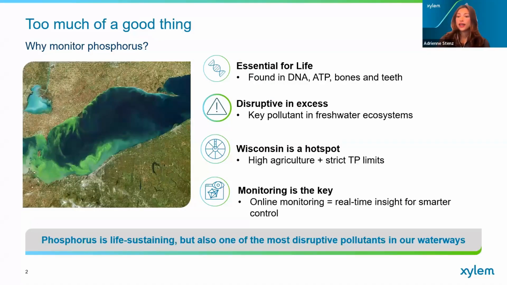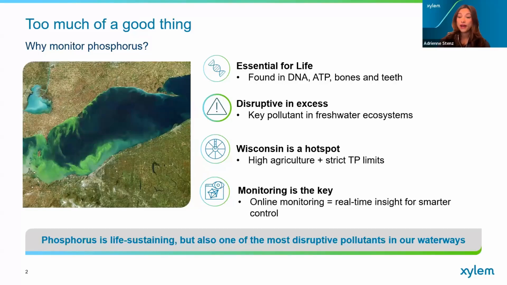Let's start off by talking about why phosphorus monitoring matters. Phosphorus is one of life's essential elements. It's found in our DNA, in our cells, and in our bones. But in excess, it becomes one of the most harmful pollutants for our waterways, specifically for freshwater systems.